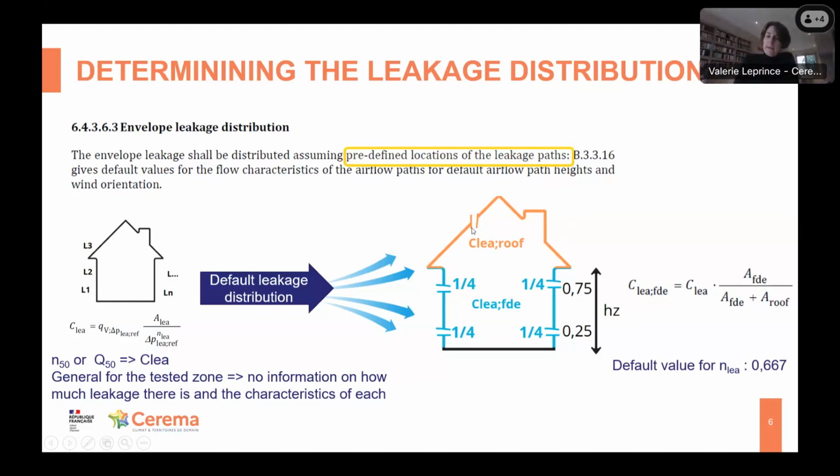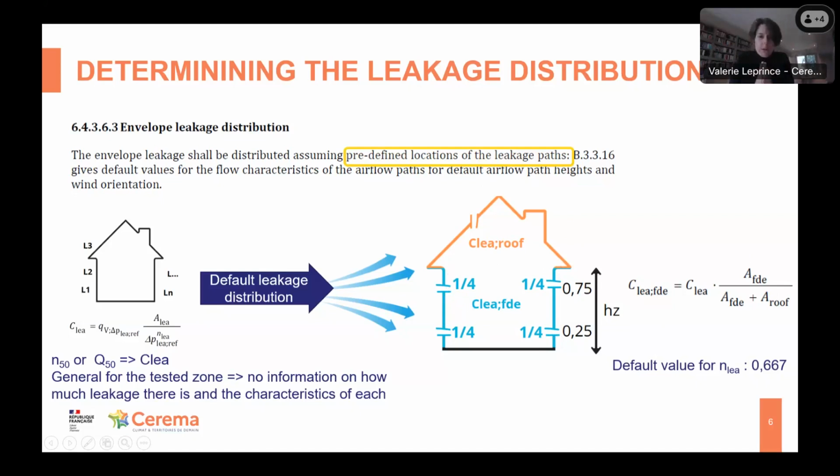Then the rest of the leaks are on the facades. A quarter of it is downwind at the top, a quarter is downwind at the bottom, a quarter upwind at the top, and a quarter upwind at the bottom.